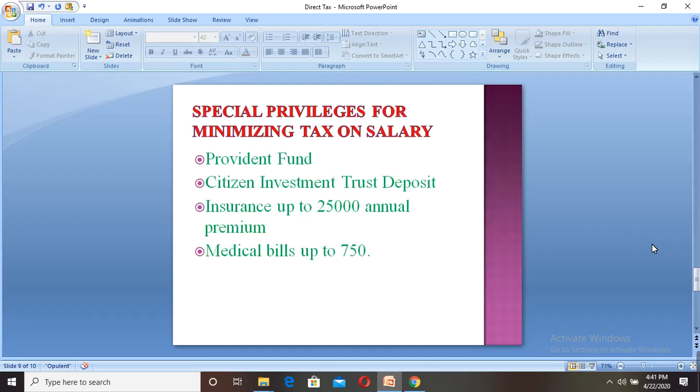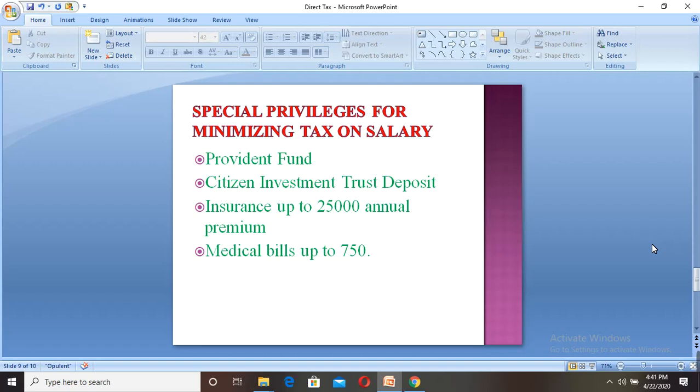In the next slide, I have mentioned special privileges for minimizing tax on salary. Employees can save their income tax from these special privileges. Although there are other privileges as well for minimizing tax on salary, I have mentioned only four privileges that are commonly used by the employees of our nation.